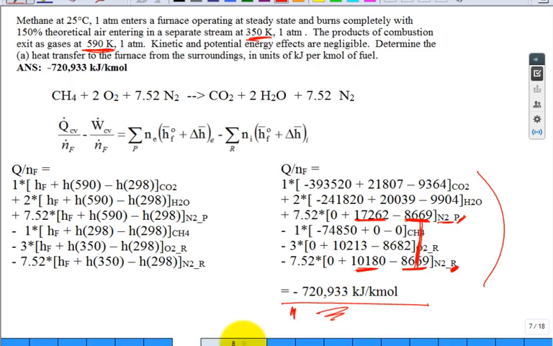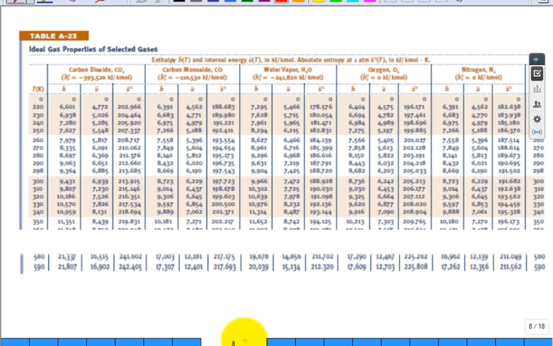Oh, here's the table. So here is the 298, a line in the table, right? Right here, 298. And then for this problem, you had to go and get a value at that, or did you have to interpolate even? Yeah, or 590? Yeah, it just comes out, it goes out at 590. 590, okay.